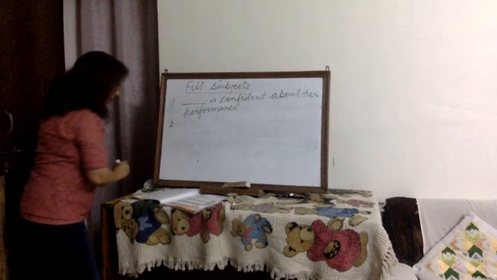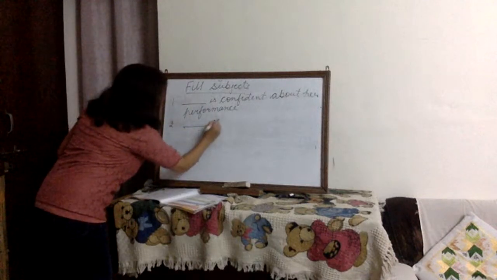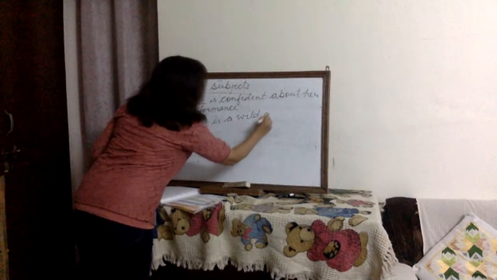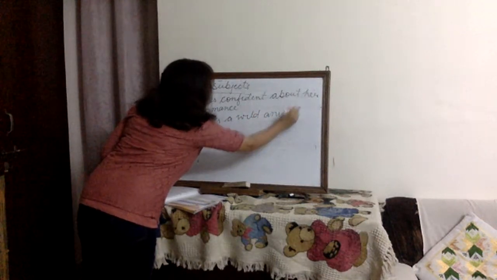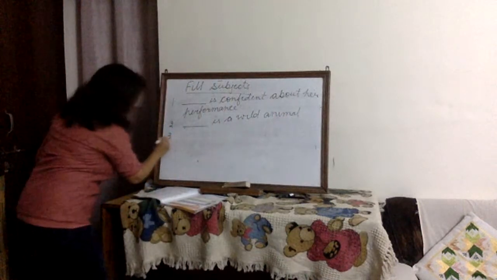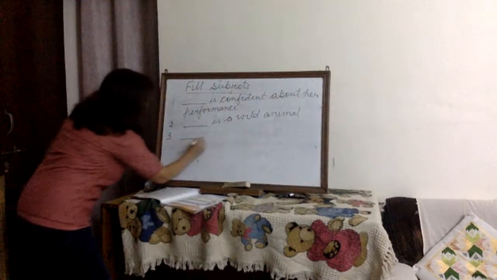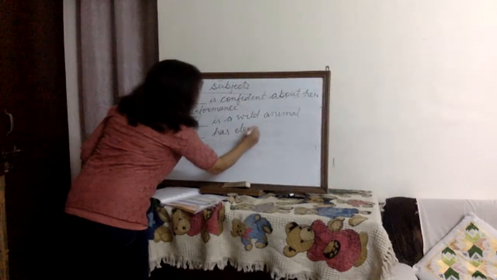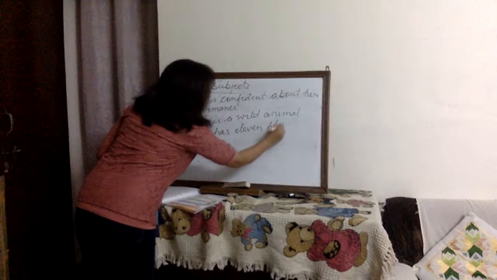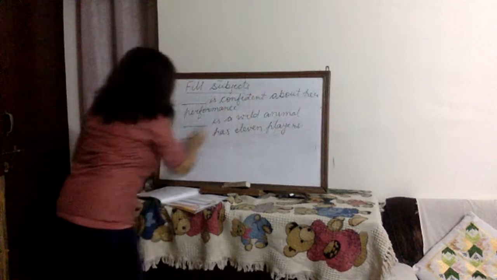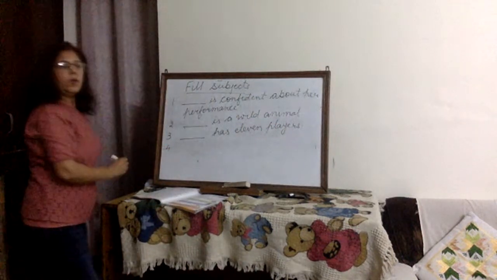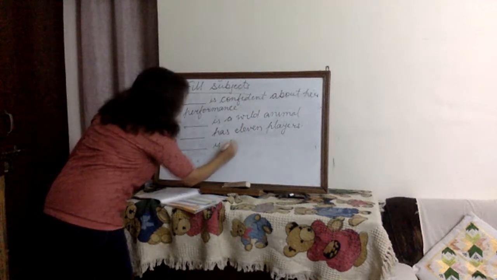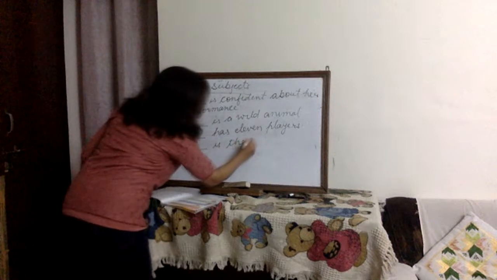Number 2, dash is a wild animal. Number 3, dash has 11 players. Number 4, dash is the national flag of India.